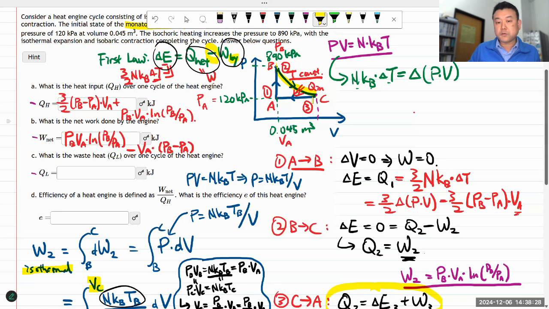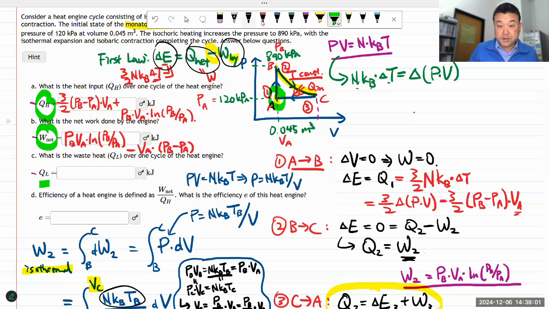So after one whole cycle, like if you started from here, then after one entire cycle, the change of net internal energy is 0. You come back to the same internal energy. And we've tracked 2 different changes of energy, the heat input and the net work done. And this waste heat basically has to be that thing that brings everything into balance, where when you add up all the energy changes, the total energy change when you come back here is 0.